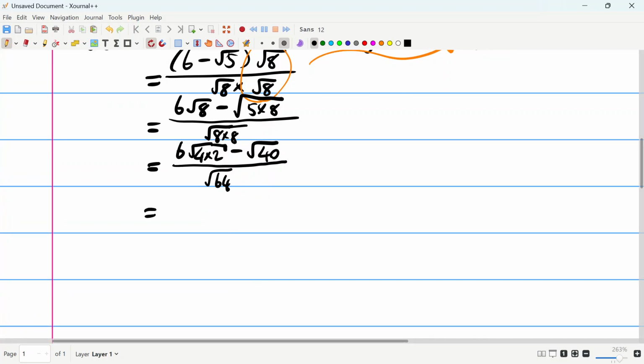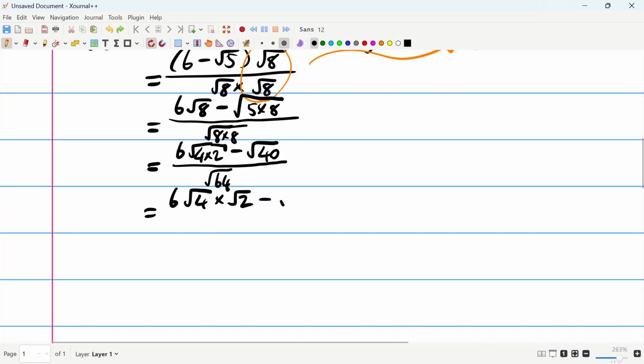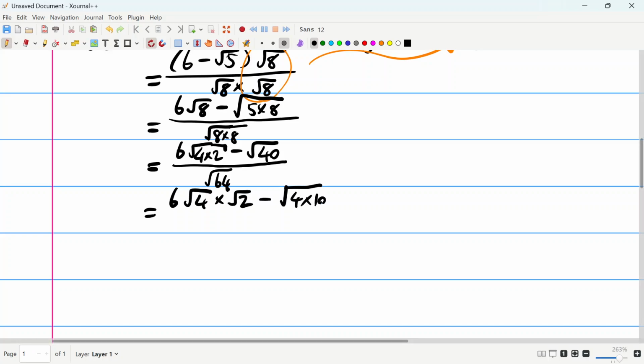And then here, notice that the square root of 4 times 2 can also be written as 6 times the square root of 4 times the square root of 2 minus, and then this one we can do the exact same thing. We can say here, this can be written as 4 times 10, right? So we can get a perfect square. And then the square root of 64 is just 8.